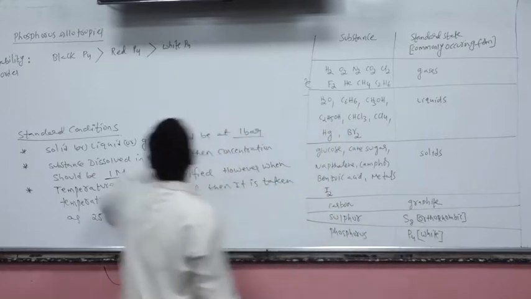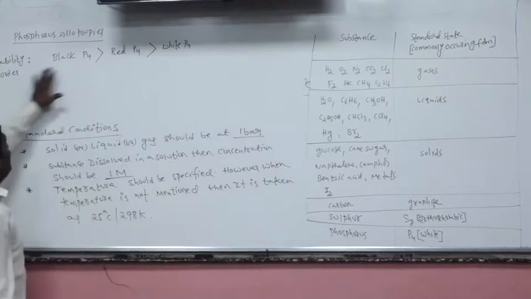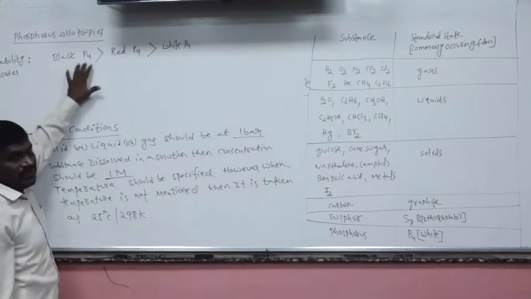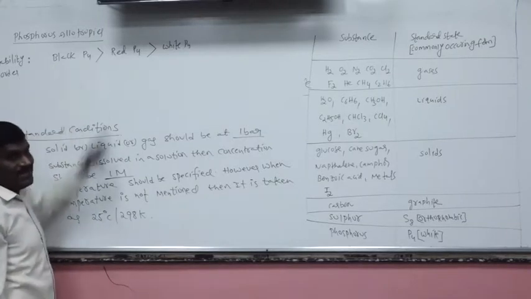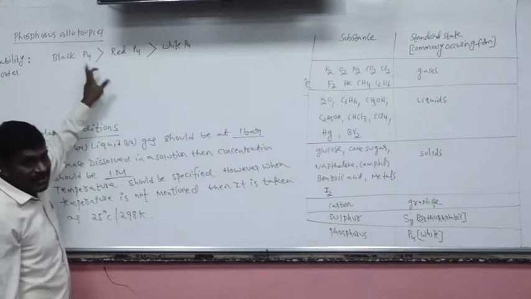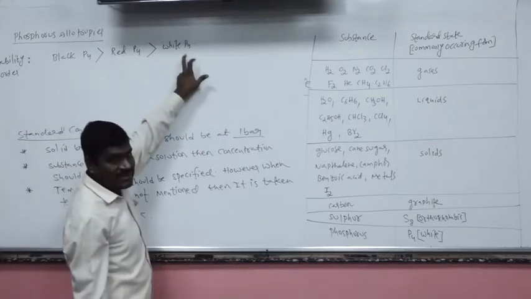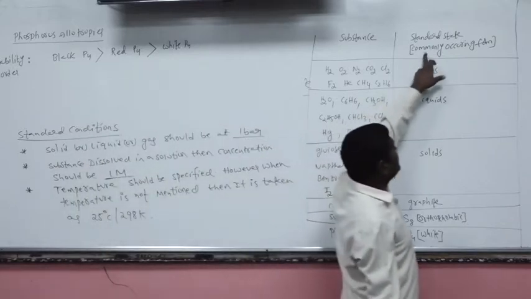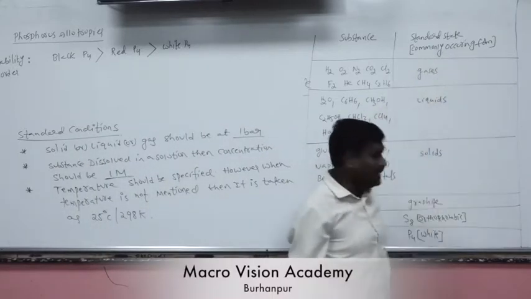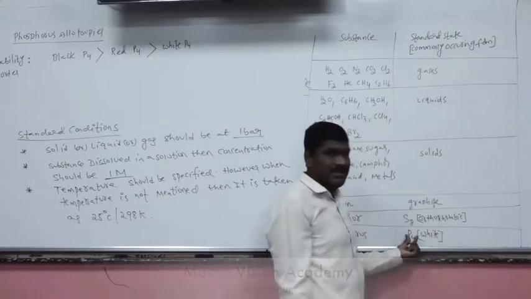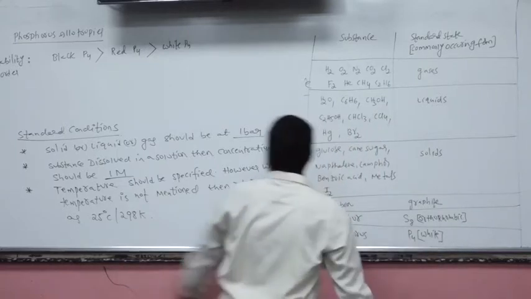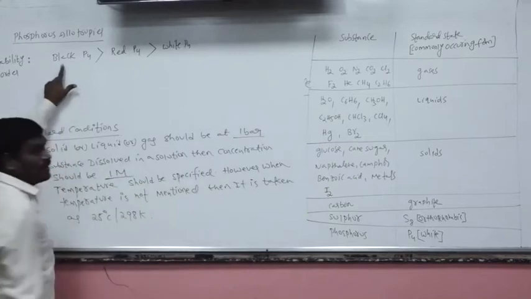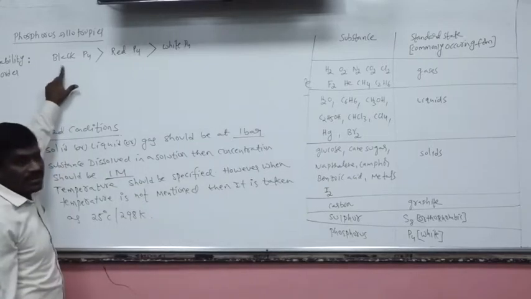But in case of phosphorus, black phosphorus is the most stable form, but it is not the most commonly occurring. The most commonly occurring phosphorus is white phosphorus. So we give the priority to the most commonly occurring form. Most commonly occurring form is white phosphorus, and the most stable form of phosphorus is black phosphorus. This is very important, isn't it?